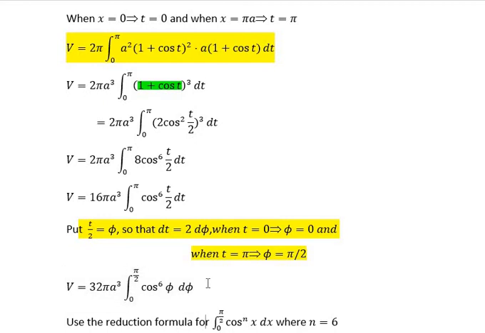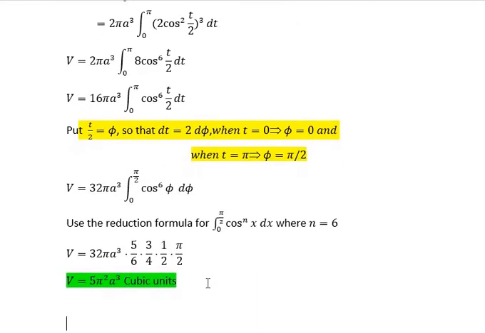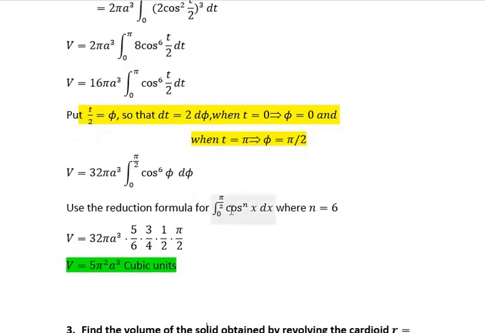Now at this stage we can use the reduction formula, that is integral 0 to pi by 2 cos to the power of n dx. Formula we use where n is equal to 6. So V is equal to 35 a cube, right as it is, into 6 we have, power is 6.